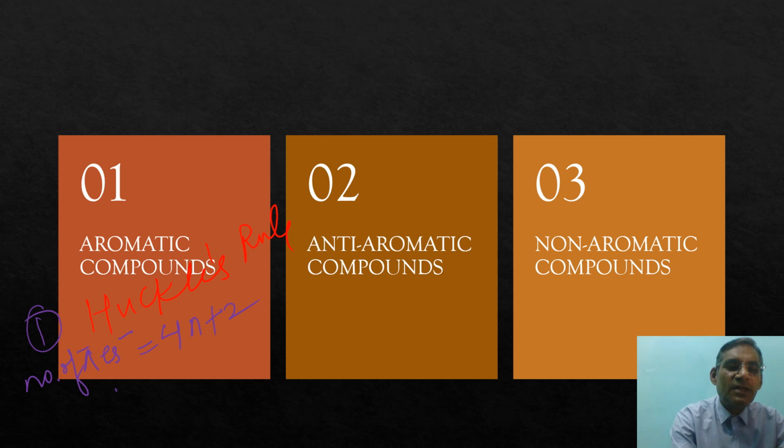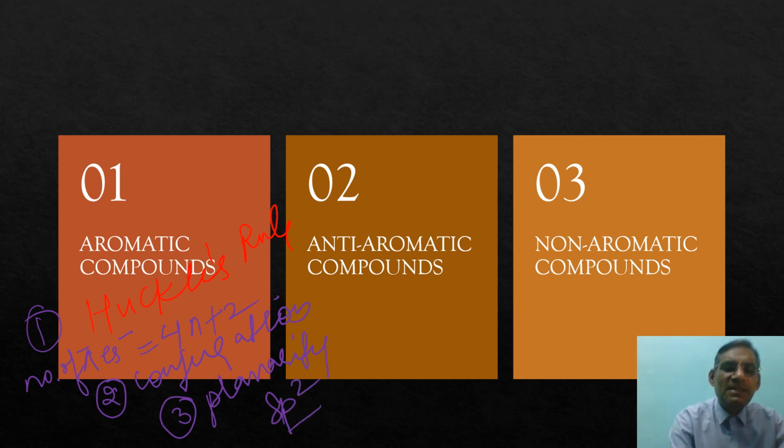That is the first condition. What is the second condition? Conjugation. Conjugation or alternation must be there, then only a compound can be aromatic. And third is planarity. Compounds must be planar in nature, that is, carbon must be sp2 hybridized, then only it can be aromatic.